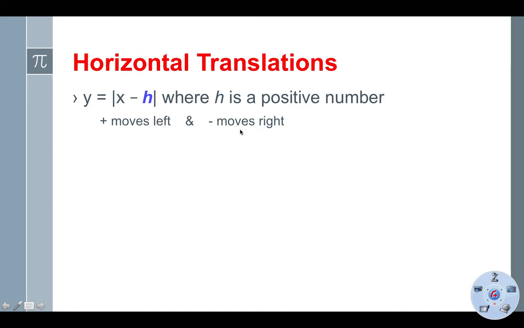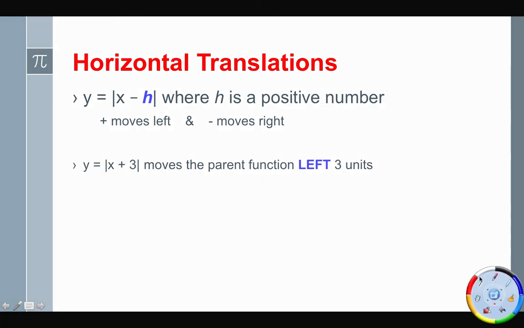And if it's a minus, it moves to the right. So in this first example, the absolute value of x plus 3 moves the parent function 3 units to the left. So it would change our vertex from 0, 0 to -3, 0.